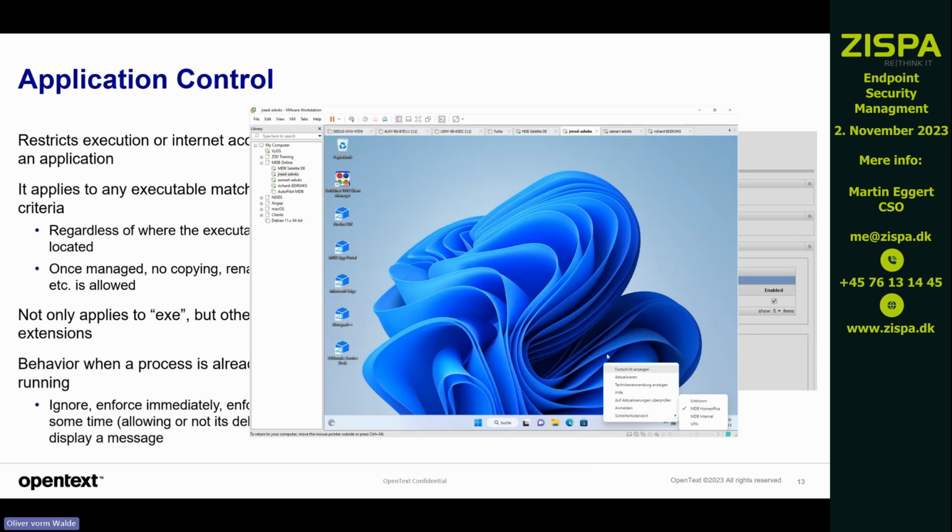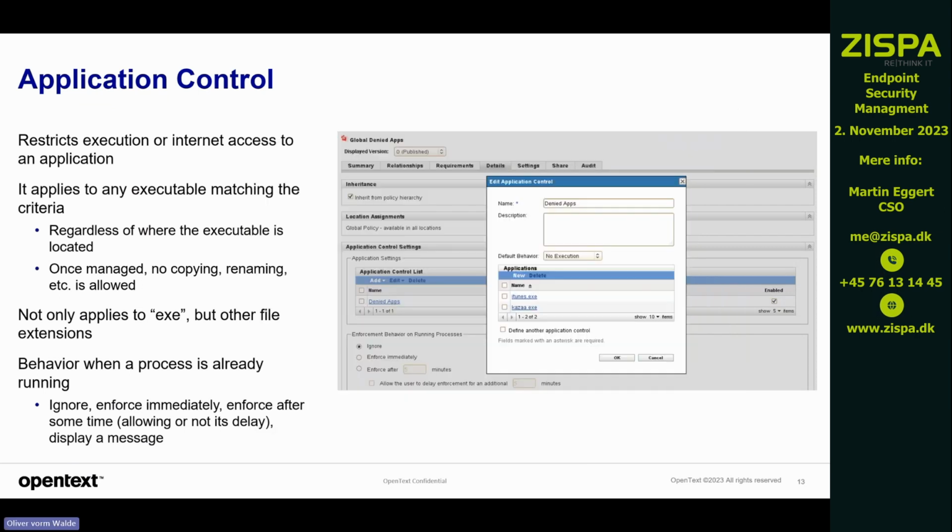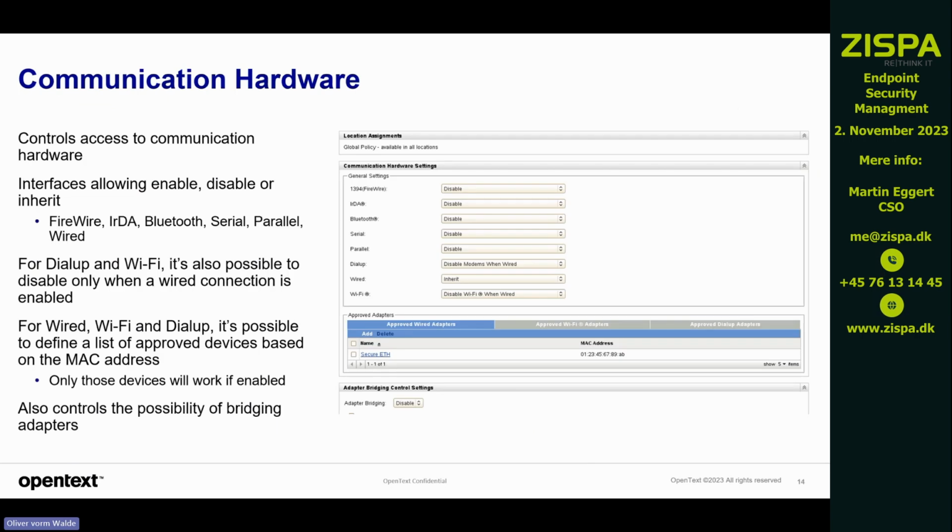So here's my home office, and there's a rule called communication hardware. This one is really cool because it is also one I configured in my setup as global. From the hardware point of view, it allows you to disable access to different things like Firewire, Bluetooth, serial.